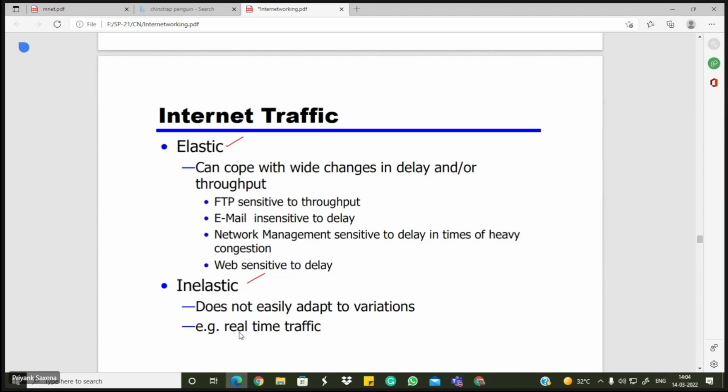Suppose you consider share market updates. If the packet gets delayed and the user is not updated at the right time, the user has to bear the brunt of loss. So that is inelastic traffic.